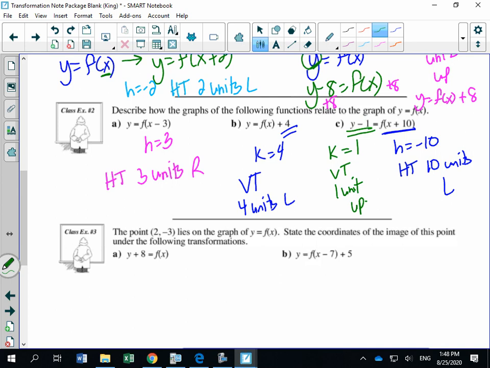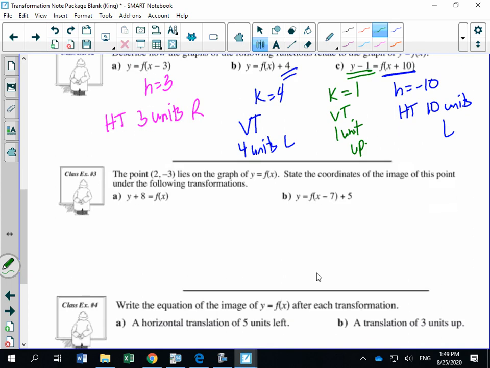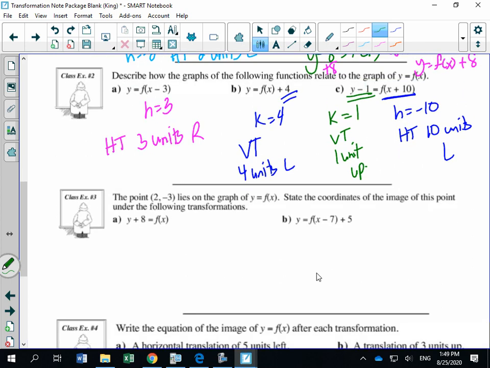Okay, let's do some mapping now. Remember how I said mapping works: we have our coordinate, and the h value goes with the x, and the k value goes with the y. So that's how we map.